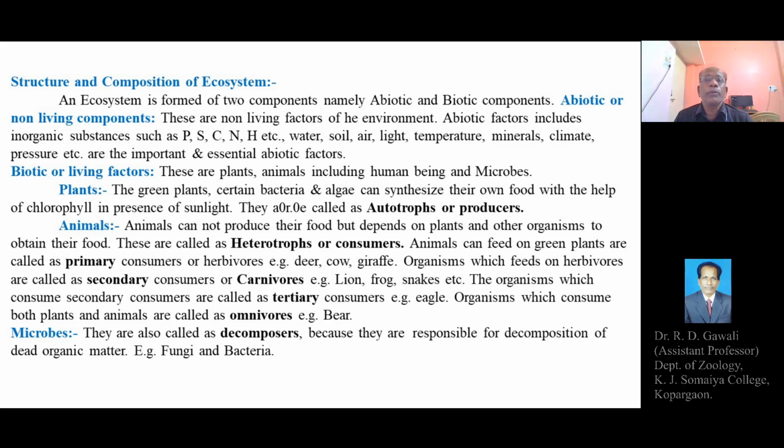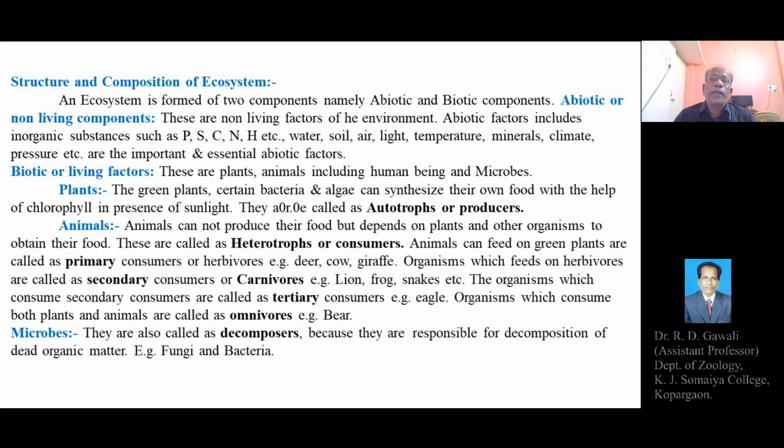Abiotic or non-living components are the non-living factors of the environment. Abiotic factors include inorganic substances such as phosphorus, sulfur, carbon, nitrogen, hydrogen, oxygen, etc. So these are some abiotic factors or inorganic substances.